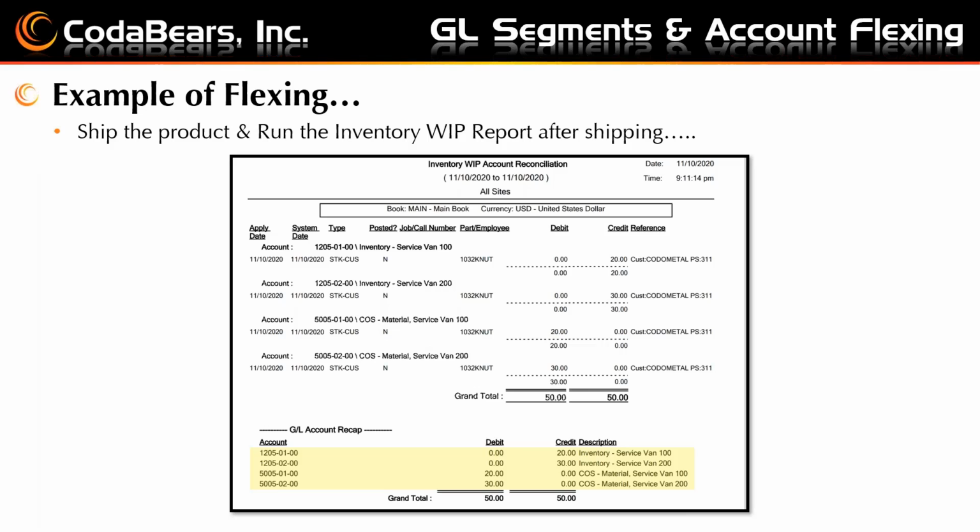Yes. Now on a financial report, it would still roll up to the main chart, the 1205, correct? Yep, we can have that roll up that way. So on a financial report, you're still going to see it at the top level, but if you want the granularity, it's also available. Epicor's posting engine is going to run the transaction when you perform the transaction.